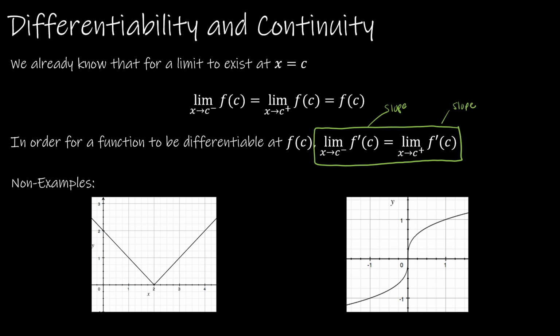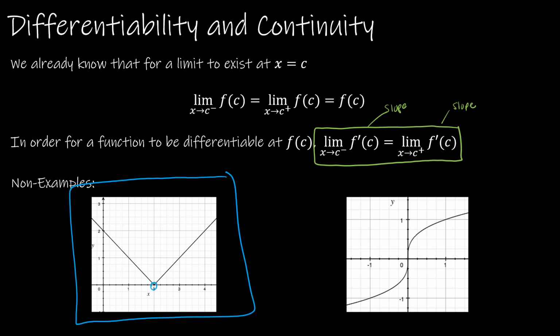So thinking about it under that lens, it's pretty easy to see why this function is not differentiable at 2. Because if I look at the slope of the left-hand side, this slope is clearly negative. It's actually -1, but we'll just say f prime of x is going to be -1 because that's a -1 slope.